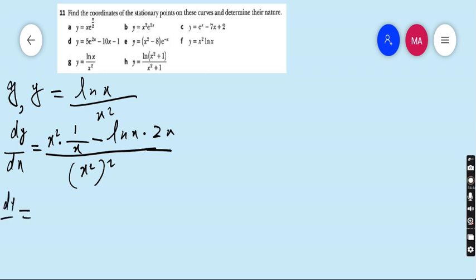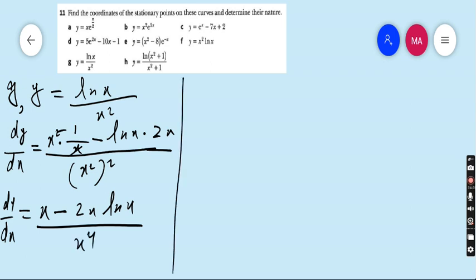So dy by dx, x cancel by its square, x, minus 2x ln x upon x square square is x4. Replace dy by dx by 0. x minus 2x ln x upon x4.